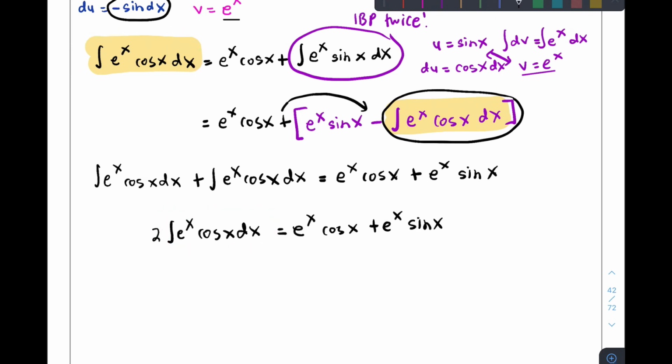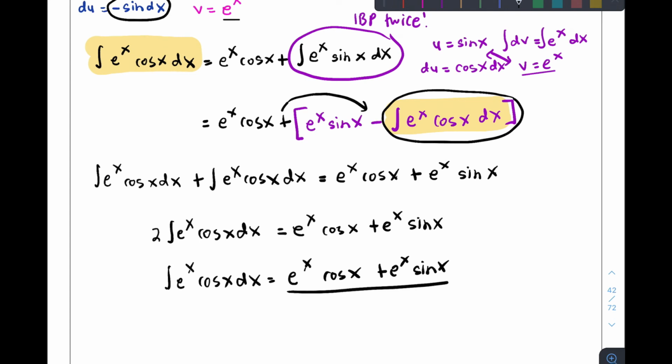Divide both sides by 2, which leaves your answer as: the integral of e^x cos x dx equals (e^x cos x plus e^x sin x) over 2, plus C. So that's how you solve the special case of IBP. What does special case mean? You have to do IBP twice and rearrange a bit of algebra, since the integral is the same as the question. Okay, take note of this.